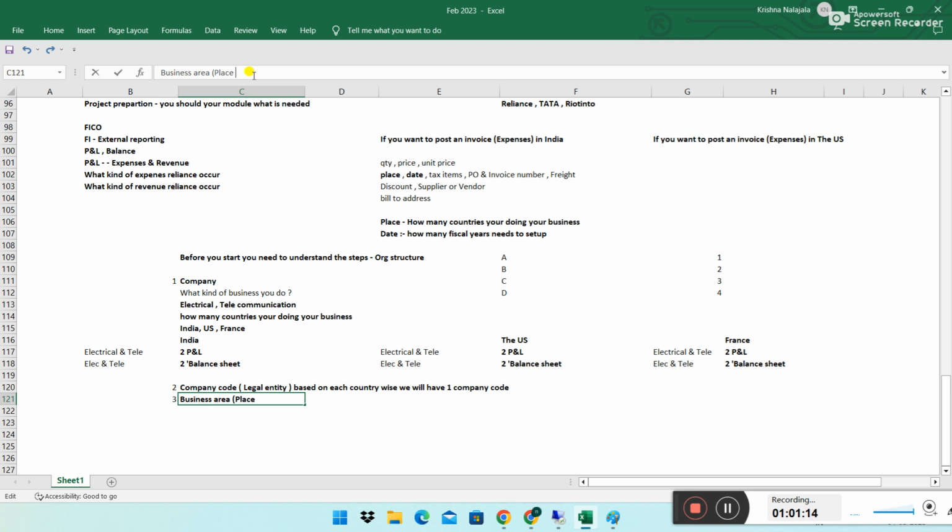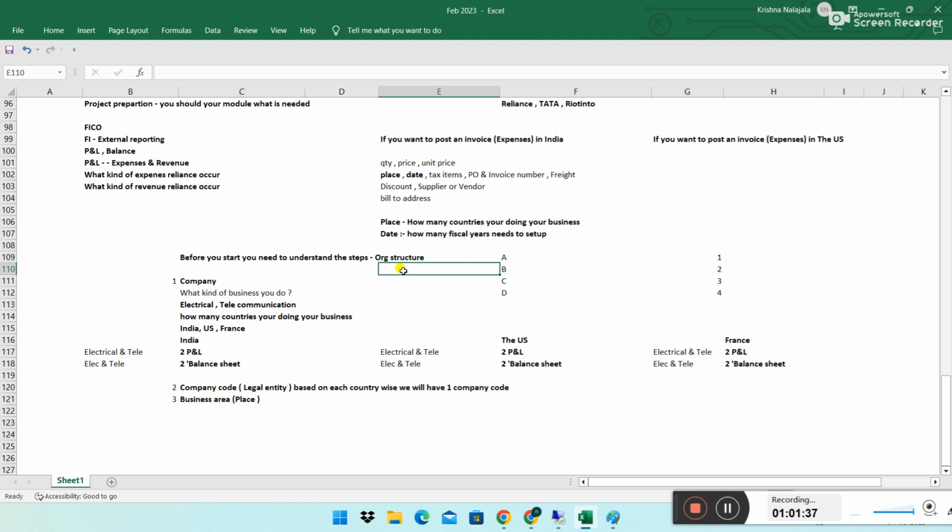Many business areas you have to create for India, and for the US, they will give a list and you create that many. Maybe France, however many they need, you create that many. So we call it business areas, and you can also treat it as a place.